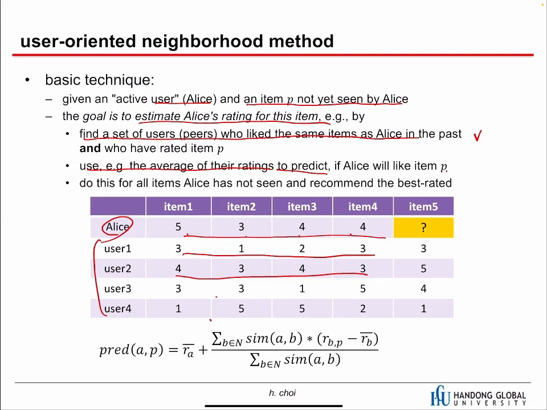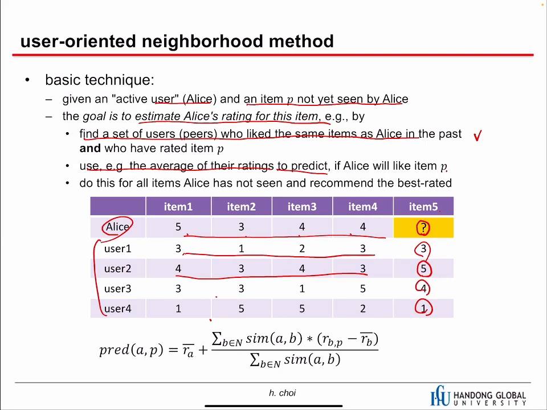Then user 2 gave a rating of 5 for item 5. Then users 1, 3, and 4 gave some ratings. Then the question is, what would be this?